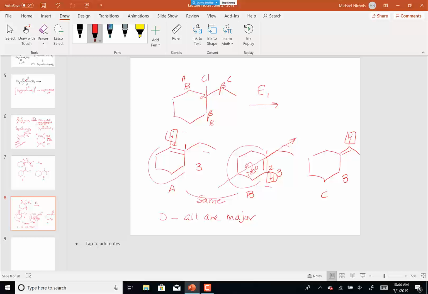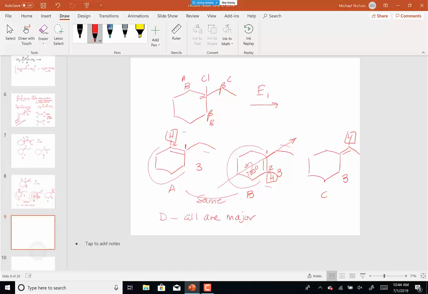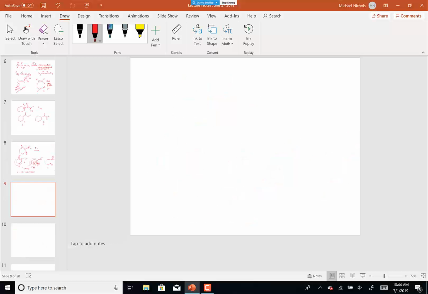SN1 and E1 are going to occur together. Whenever there's SN1, there's always going to be E1. Why? Because if we go back to that first step of the mechanism, let's say we were writing the mechanism of that reaction we just did, we would break the carbon-chlorine bond and end up with a carbocation, and now it's a question of timing.